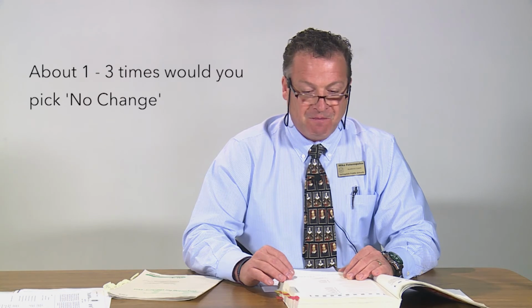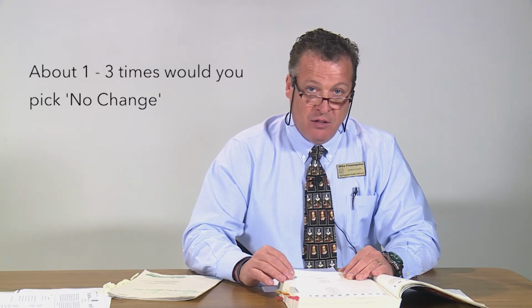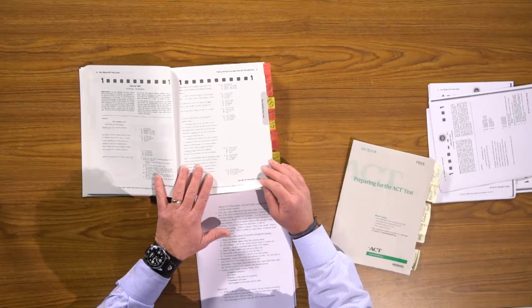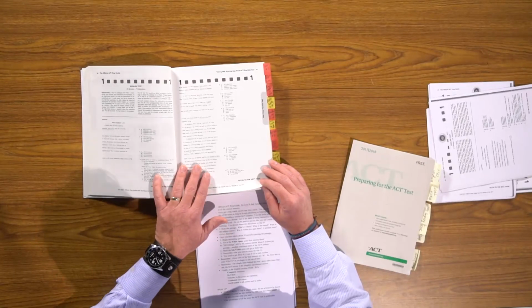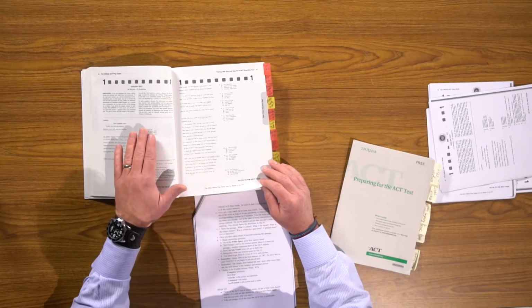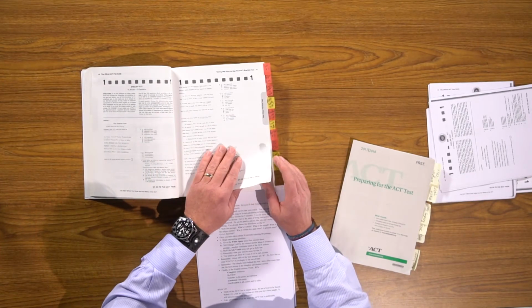Routinely, the ACT people will share with you that about 1 to 3 different times throughout a section, you're going to need to pick no change. That's about it. So if you have a whole test full of no change that you've picked, something's wrong. Or if you haven't picked it at all, again, something's wrong. You're probably going to see about 1 to 3 times throughout each section where you will need to have picked no change. So keep that in mind.